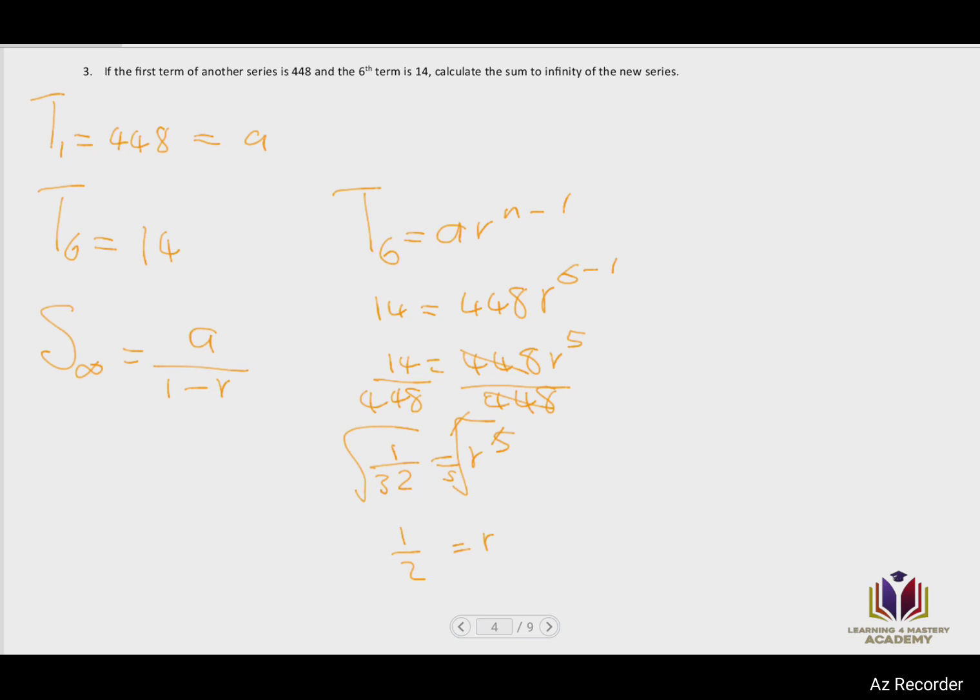Now we got our r as 1 over 2. Then we can take this information and substitute it here. 448 over 1 minus 1 over 2. Then you can put this in your calculator: 448 over 1 minus 1 over 2. Okay, this gives you 896. Your sum to infinity is 896. Okay, I hope that is crystal clear and that you understand it.